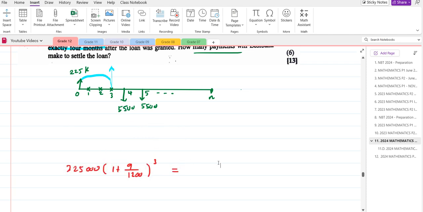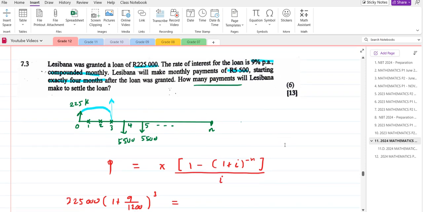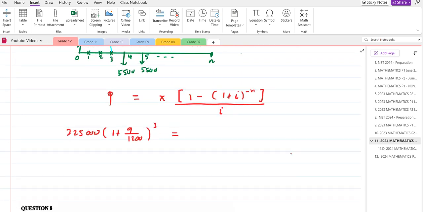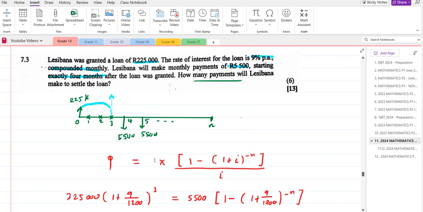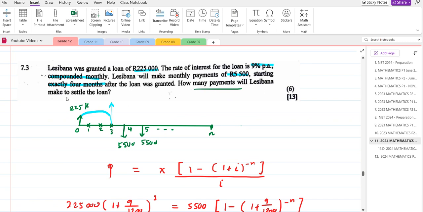Remember we are using this formula here: P equals X into (1 minus (1 plus i) to the power negative n) all over i. We can find that in the formula sheet. The X value is 5,500, into (1 minus (1 plus 9 over 1200) to the power negative n). That's the number of payments that need to be made to finish off the loan.